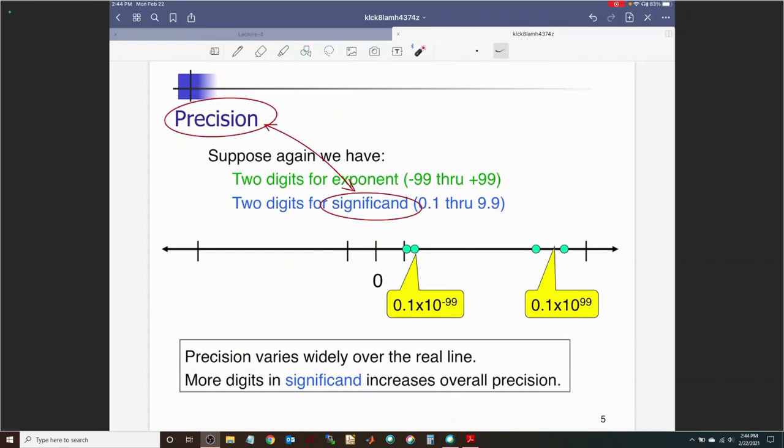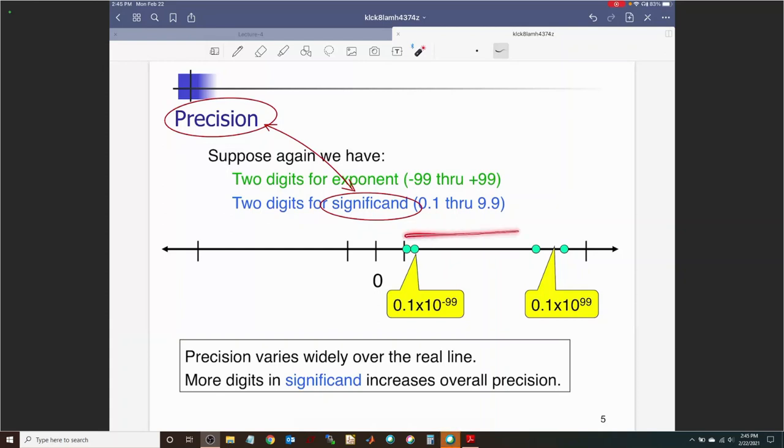So let us suppose a case in which we are using 3 digits to represent the significand. Well, in that case, what is going to be the smallest number and what is going to be the largest number? If you have 3 digits, you're going to have 0.01 all the way to 9.99, right? The precision would have increased by a factor of 10.